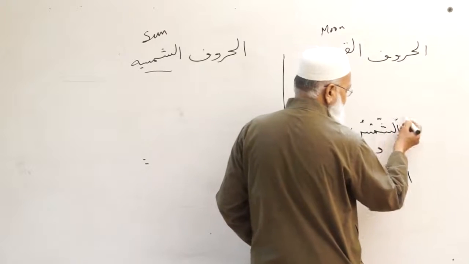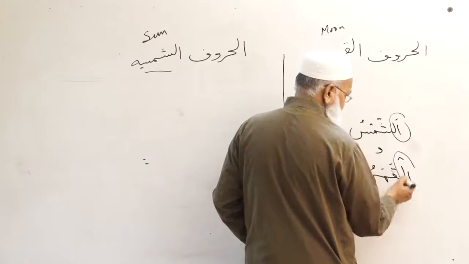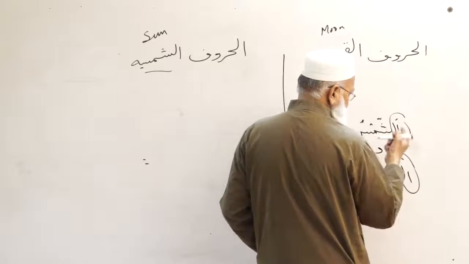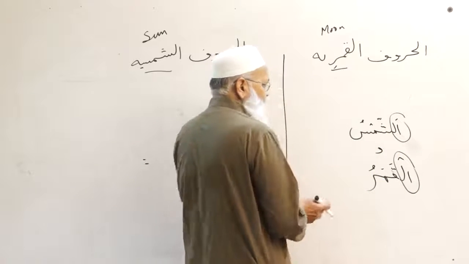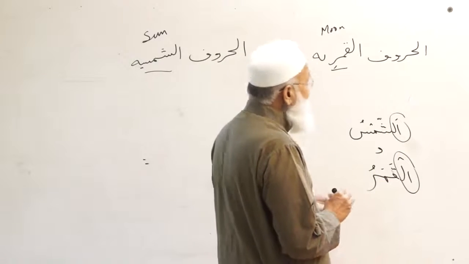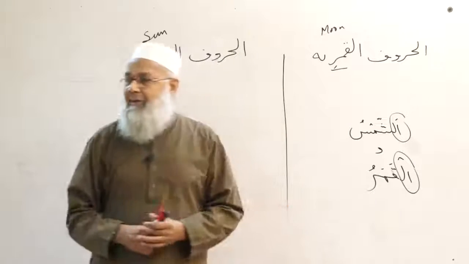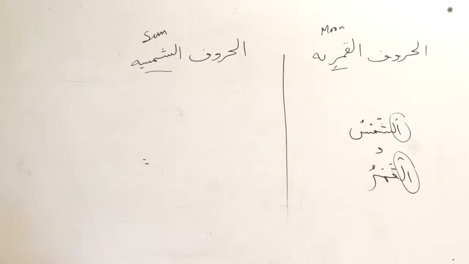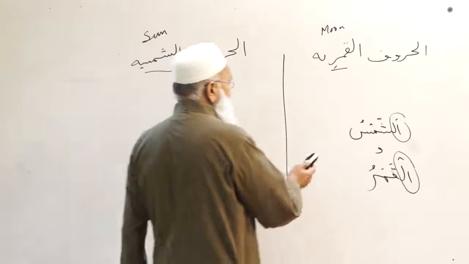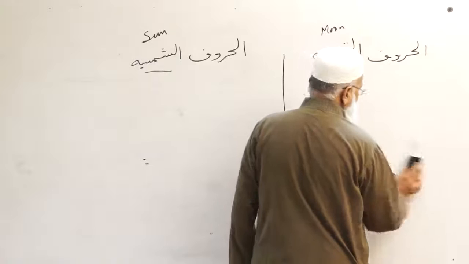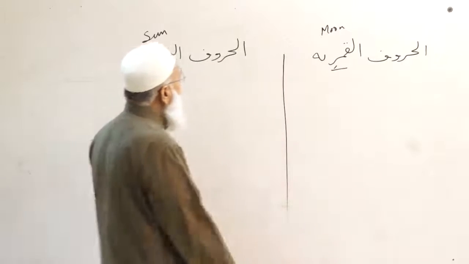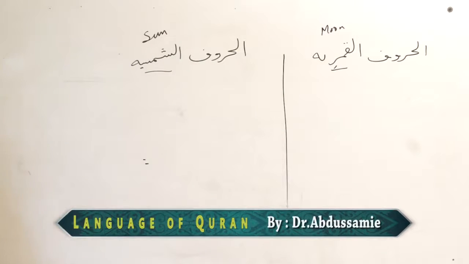Both have alif lam in the beginning, but here lam is not being pronounced and here it is being pronounced. So from this example, the names have been given to the Arabic alphabets as the Shamsi harf or the Qamari harf, or Al-Huruf al-Qamariya or Al-Huruf al-Shamsiya.